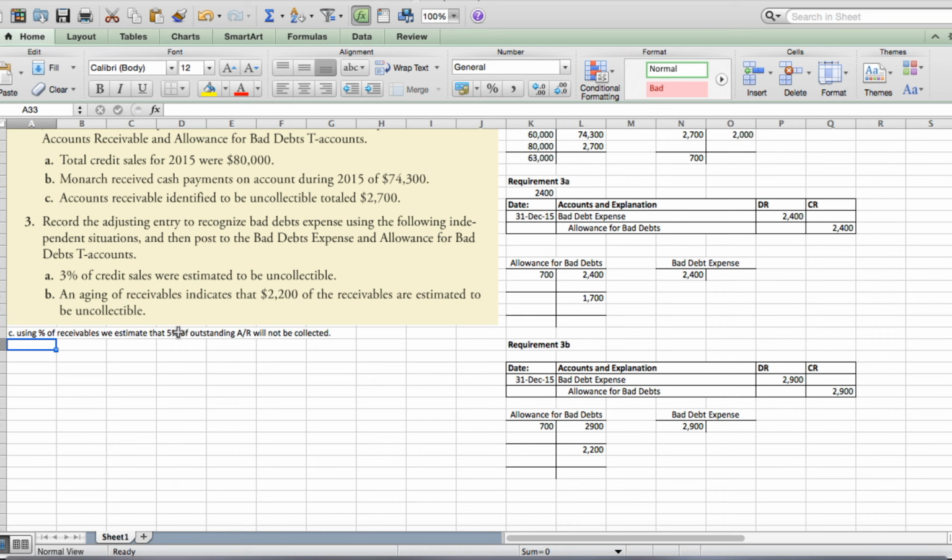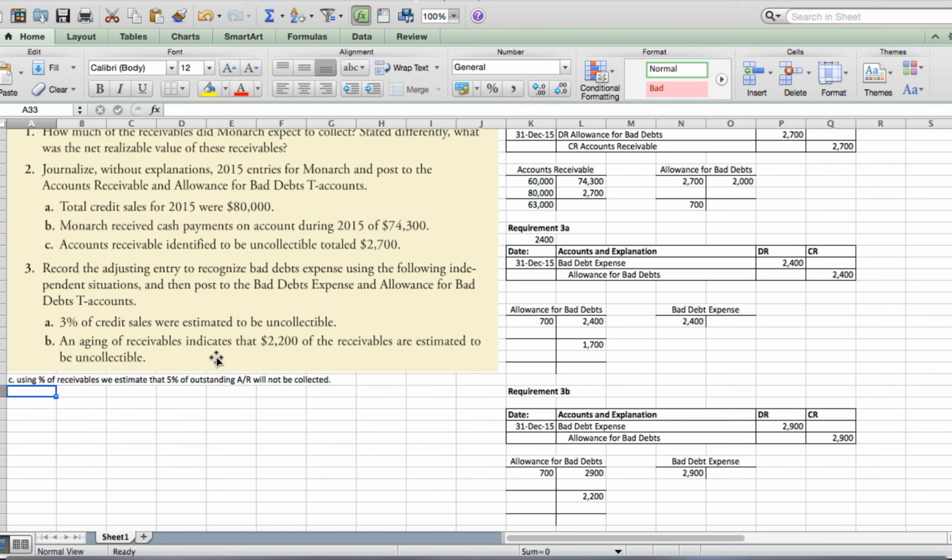We're given 5% as our percentage, and our equation basically says we take the percentage we're given, we multiply that times whatever the balance in accounts receivable is, which we determined in requirement 2. So we determined that the amount in accounts receivable was $63,000. Okay?